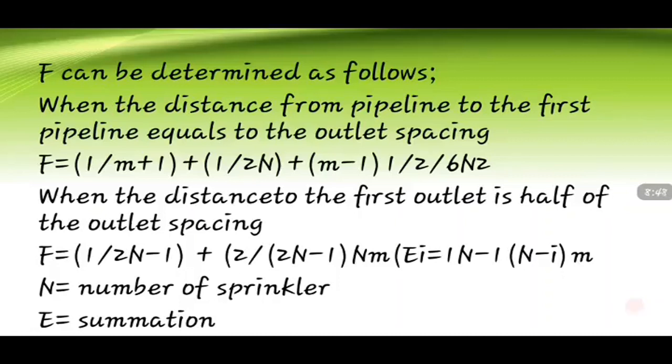When the first sprinkler or outlet distance is half of the outlet spacing, this formula we should use, where N is the number of sprinklers and Σ is the summation.